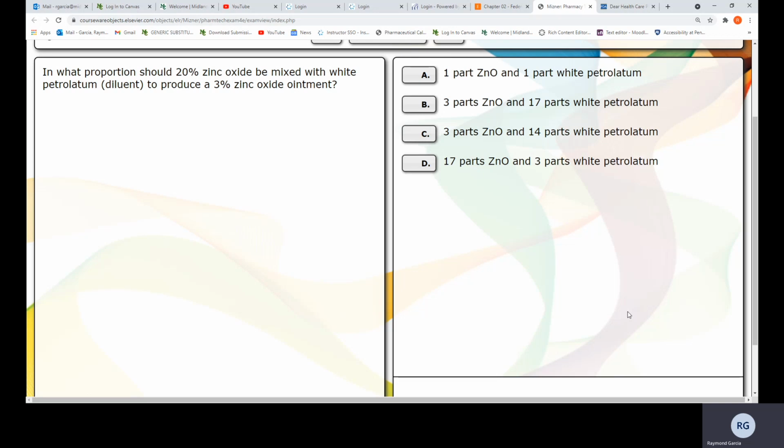So it'd be 17 parts to 2 parts. So it's got petrolatum. That's not the finished answer, but that's how you do it. Just that part.